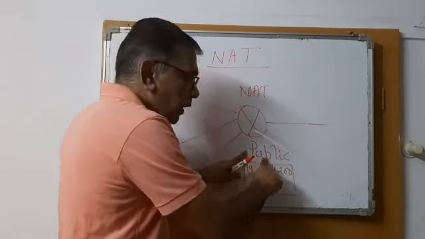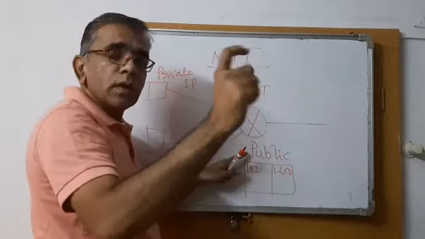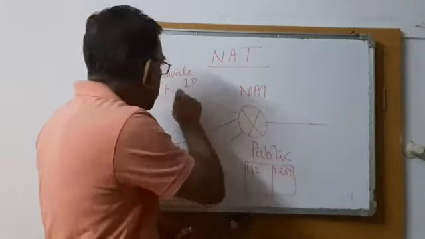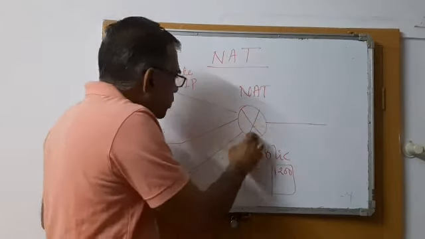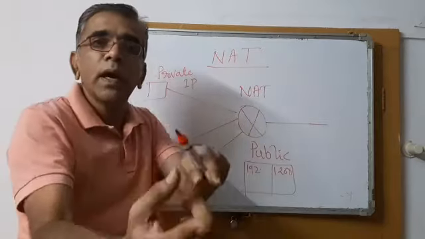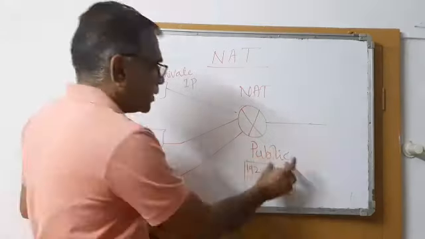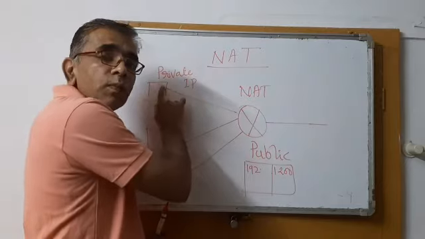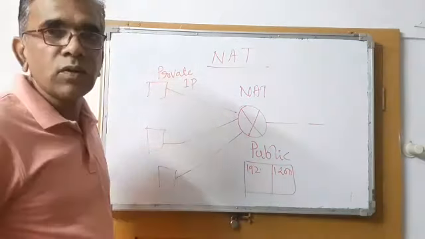So the public IP address of the gateway plus some dummy port number together create a unique number which is useful for identifying the specific devices. Whenever a device initiates a communication, it is assigned a unique number which is a combination of public IP and a port number. That unique number is used to identify a specific device inside the organization.